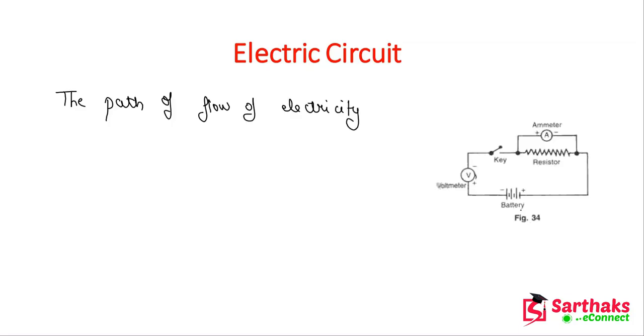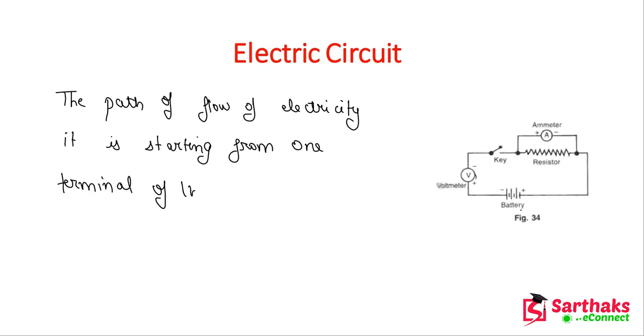It is the path of flow of electricity and it starts from one terminal of the cell, or we can also call it a battery, and returning to the other is called an electric circuit.